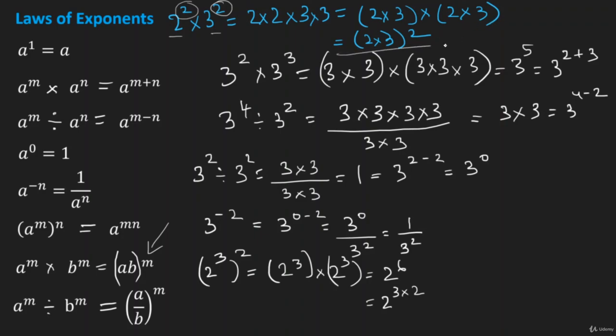And that's why when you have the same exponent but different bases, you can club the bases together and keep the same exponent. So a to the power m into b to the power m is equal to ab to the power m. And the same law holds for division as well. If you have 2 square divided by 3 square, that is equal to 2 by 3 the whole square.